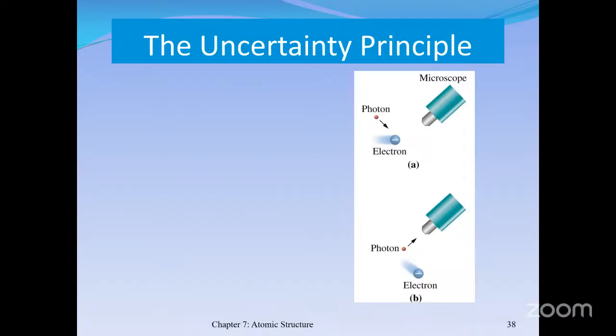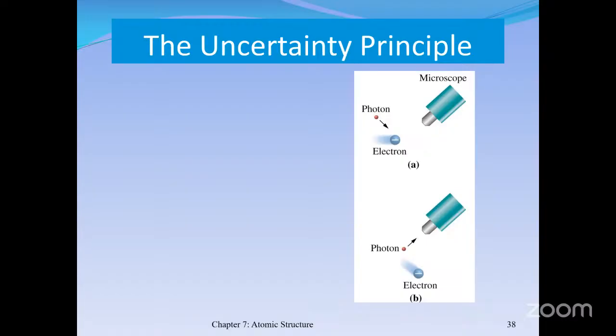In order for you to see an electron, however, you need reflection of light off the electron so that you can see it in the microscope, right? That means that a photon of radiation would have to hit the electron, and then that bounces to the microscope so you can see it. Problem is that when the photon hits the electron, the electron will move, right? So at that instant, where you think you have seen the electron, the electron is not there. So that's basically what the uncertainty principle is saying.